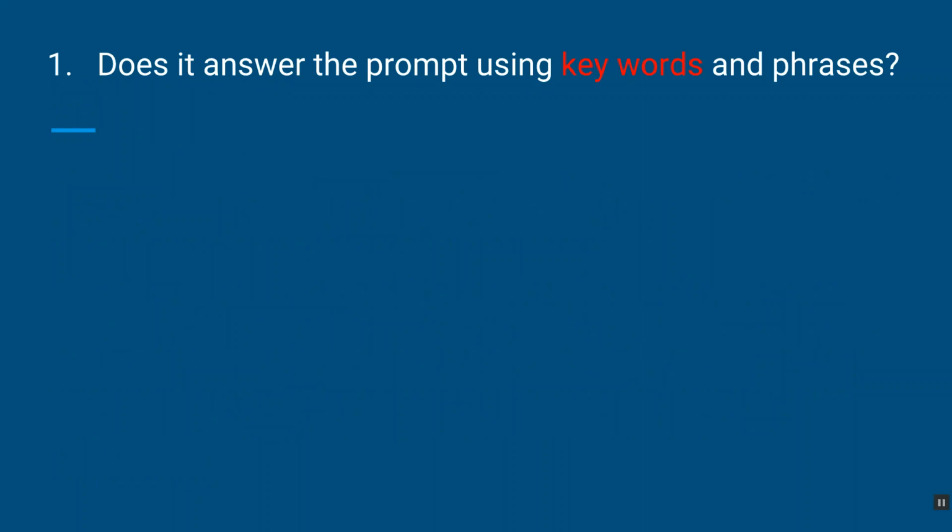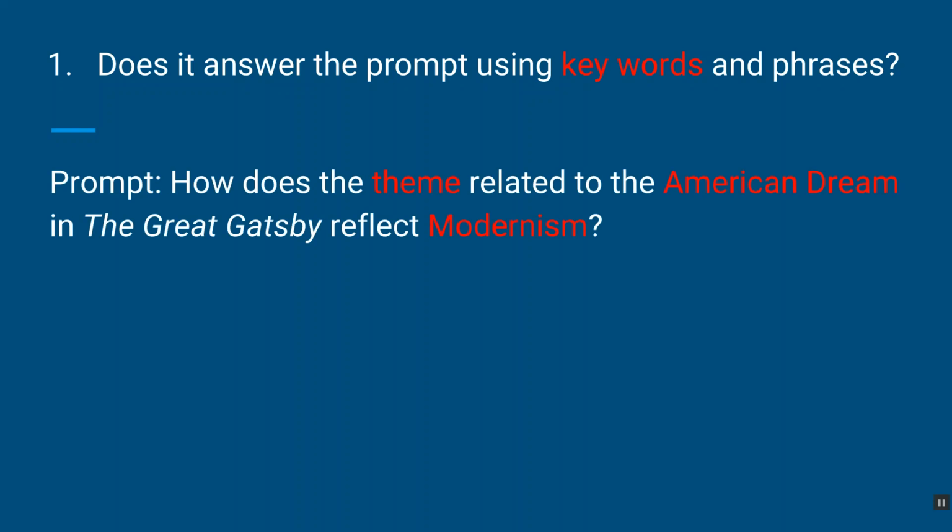So the first question to check is, does it answer the prompt using keywords and phrases? So if we look at the prompt, the keywords that should jump out to you are theme, specifically the theme that revolves around the American dream, and modernism, the literary time period that The Great Gatsby reflects.